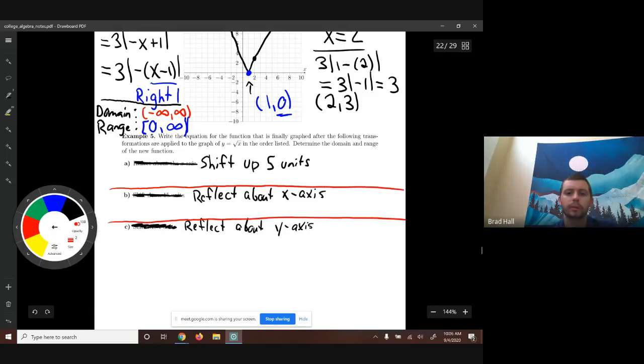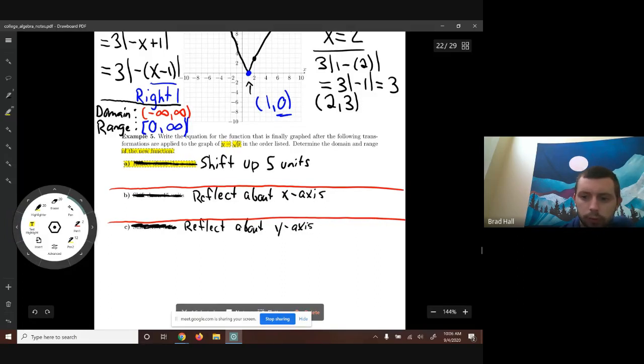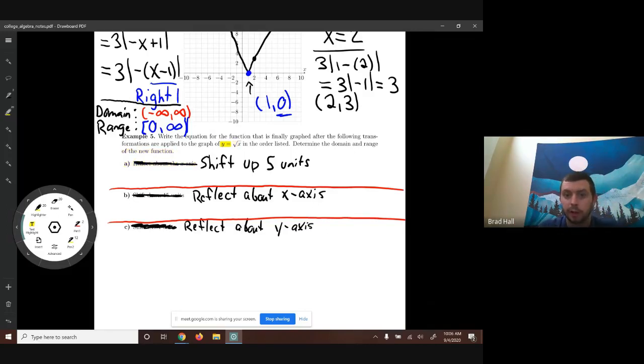So what it's wanting us to do is take this function of y is equal to the square root of x, and apply the transformations one at a time.